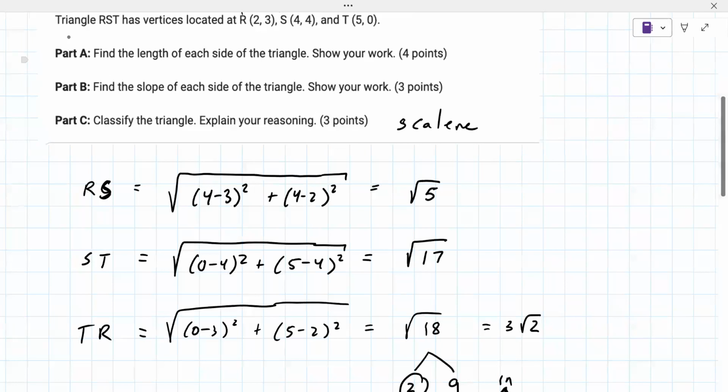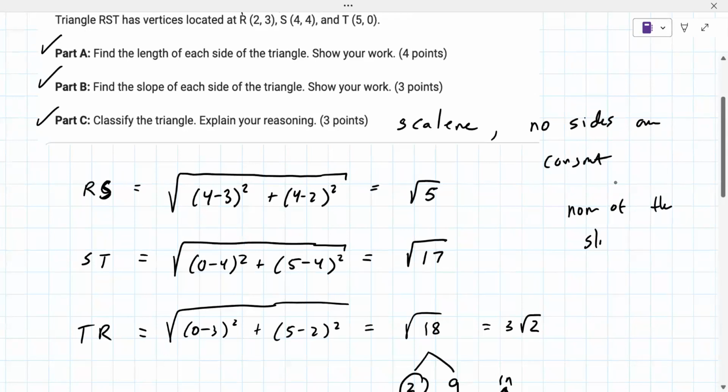So we've done part A, and we've done part B. Part C is that it's scalene. You want to say that no sides are congruent, and then you also want to say that none of the slopes are perpendicular.